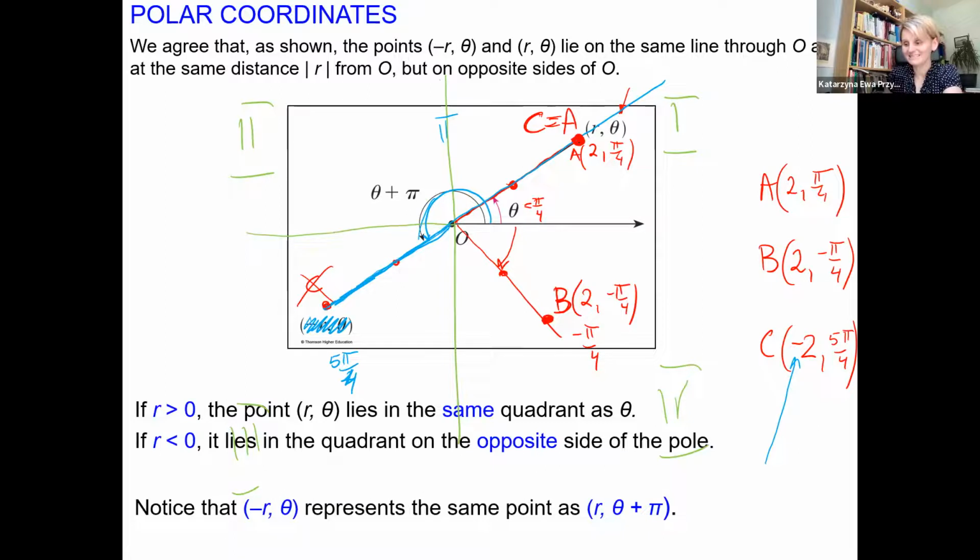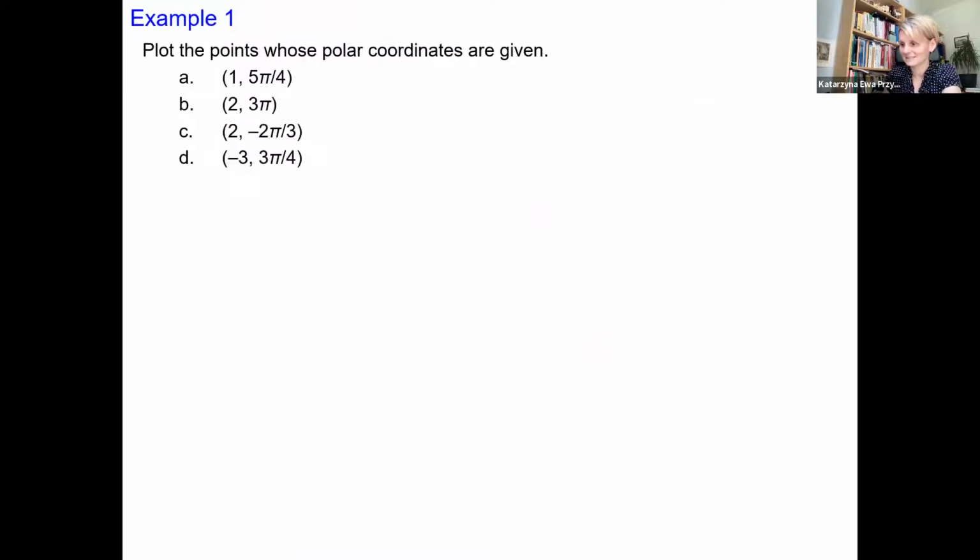I have this positive, negative, opposite. Are we okay with this? Let's try to plot these points, A, B, C, and D. We can quickly check, and then I would like to also add something.